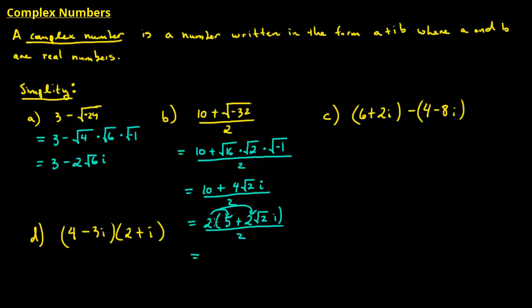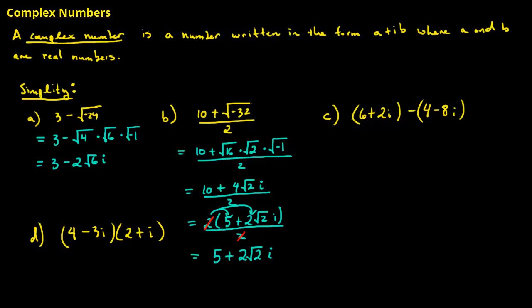The inverse operation of multiplication by 2 is division by 2. So I can actually divide out this factor of 2. And I'm left with 5 plus 2 root 2i. So this simplifies to 5 plus 2 root 2i.